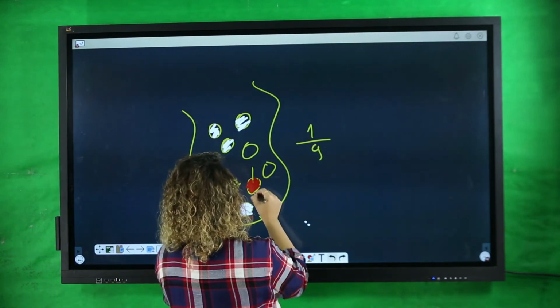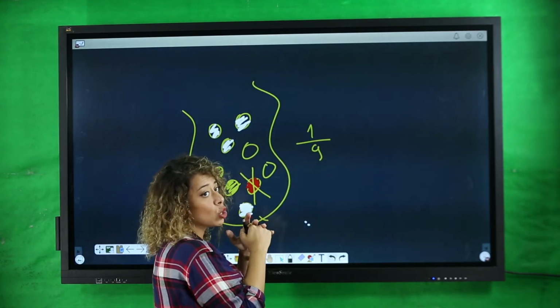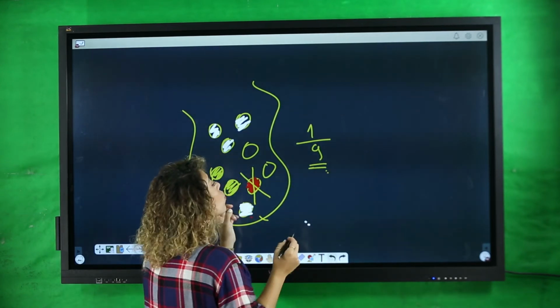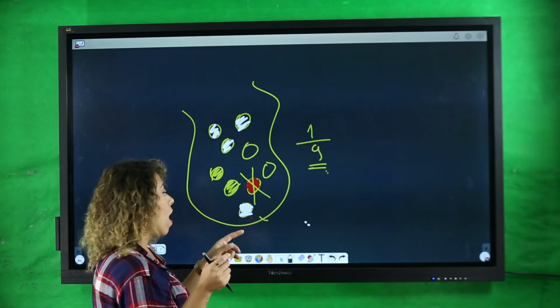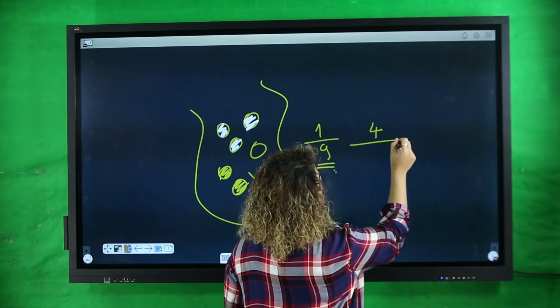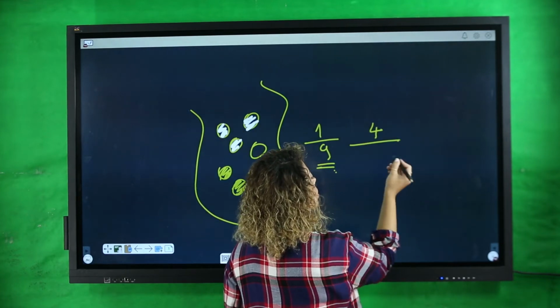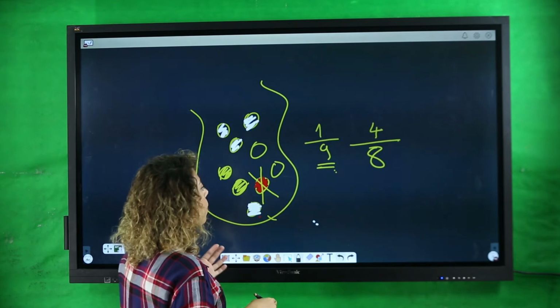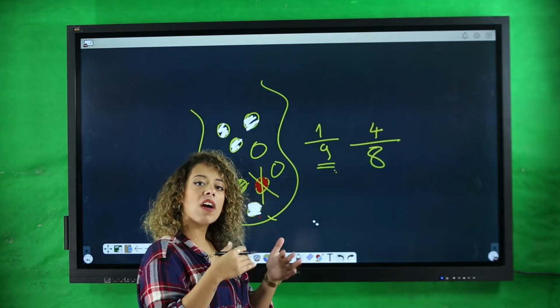Remember that I have removed the red. So I'm no longer left with 9 balls. I'm left with 8. So I choose it depending on the 8. I have 4 whites out of what's left, which will be 8. So this is what we call a probability that's built behind each other.